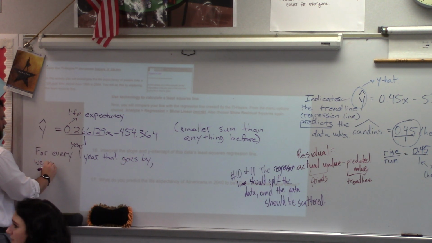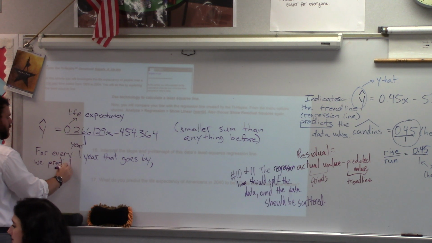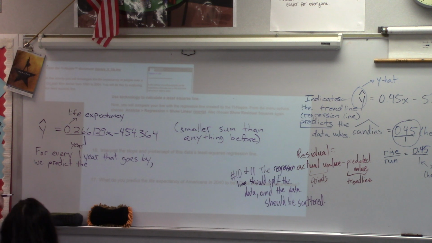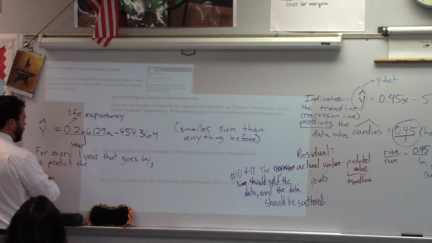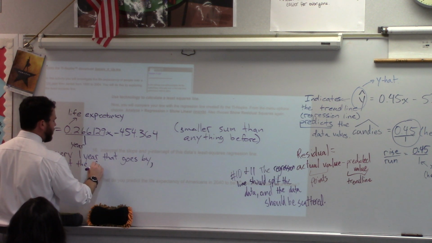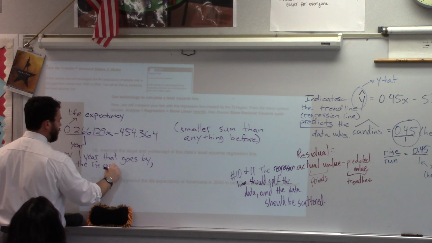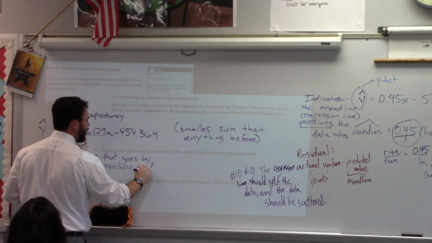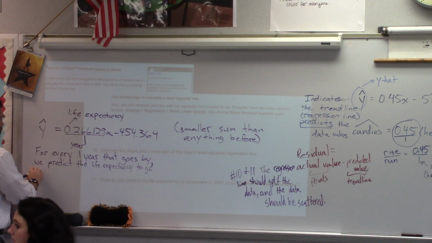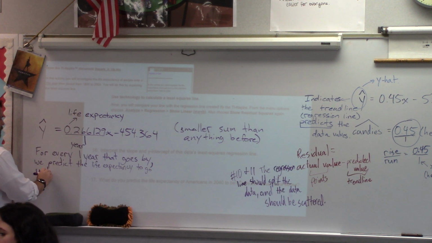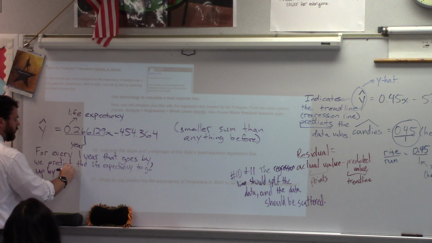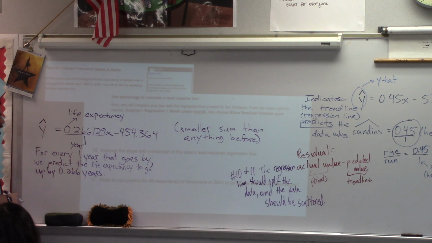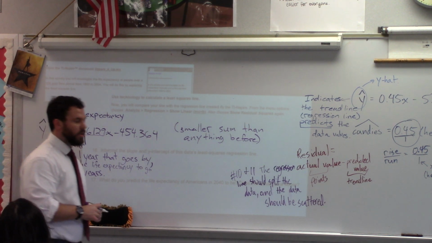We predict the life expectancy to go up, or to increase by 0.266 years. Right? That's interpreting the slope. You gotta know how to do that.